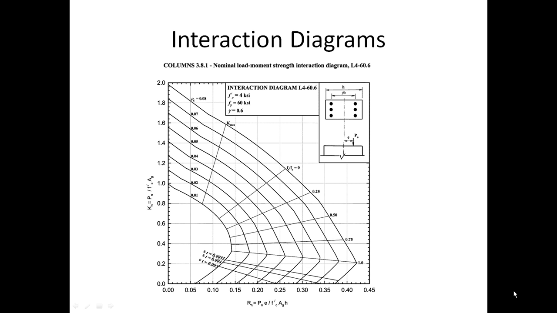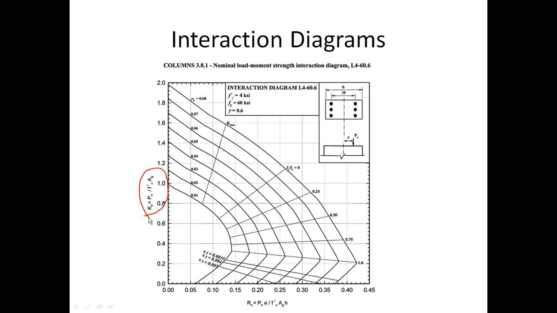So the first thing that you'll notice here is when we look at, for instance, the vertical axis, which I already said was the axial load or the axial compression axis, you'll notice that it's not written in terms of load. Instead, they give it a unitless coefficient named Kn.